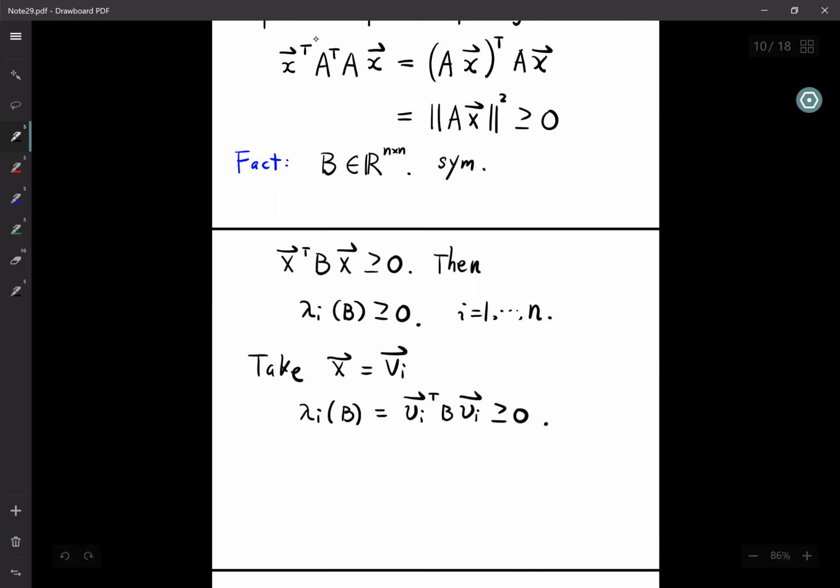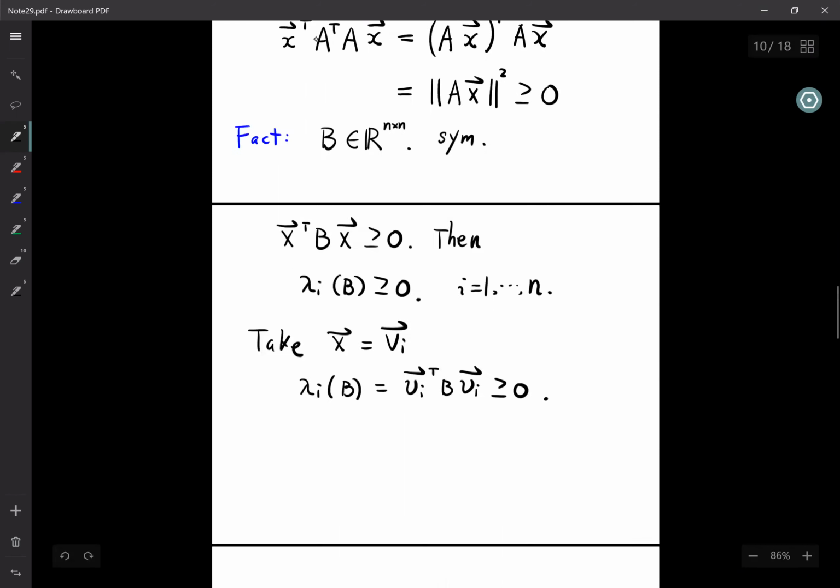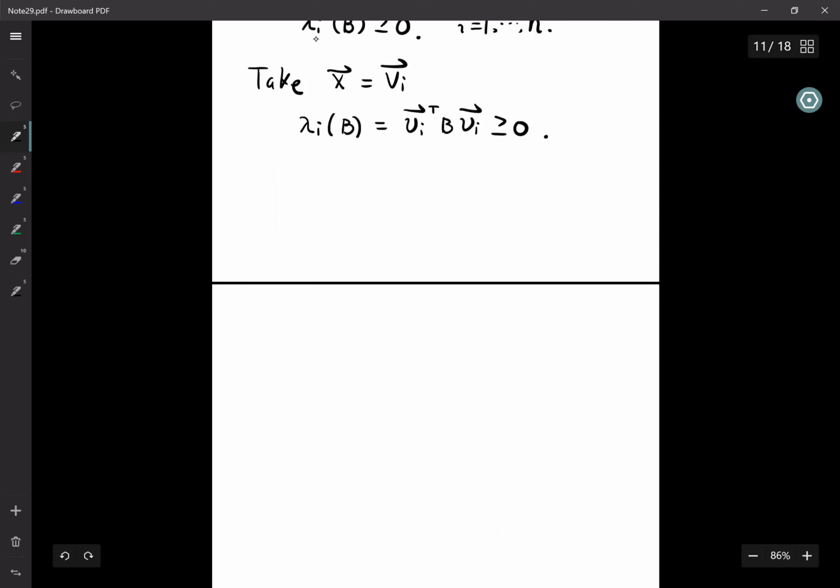Any other question? Okay, so we have now shown that A equals U sigma V transpose.